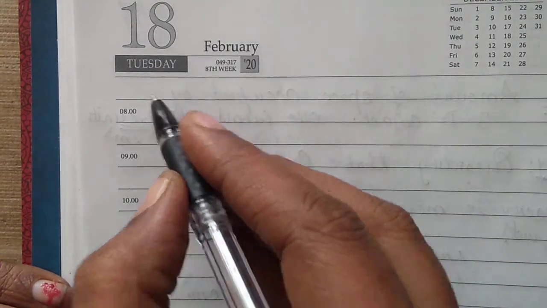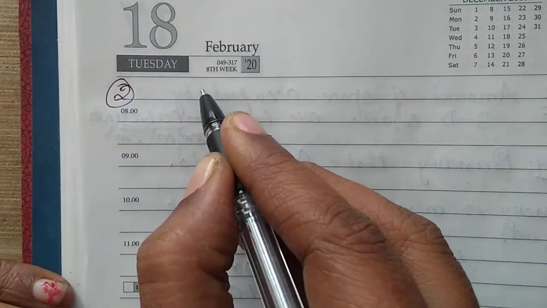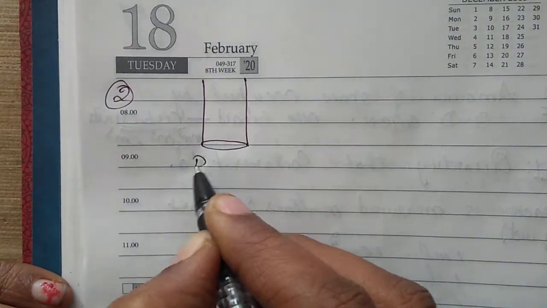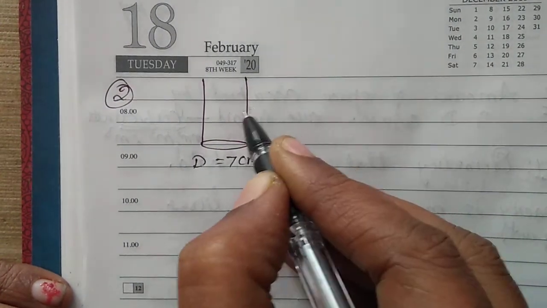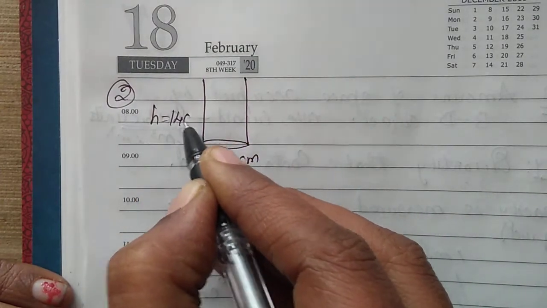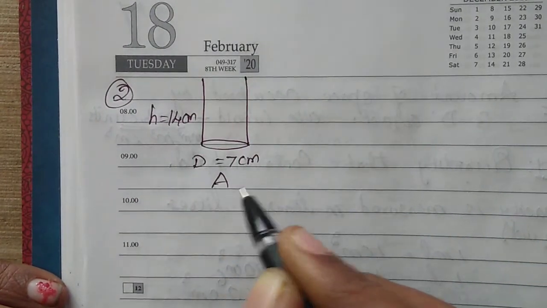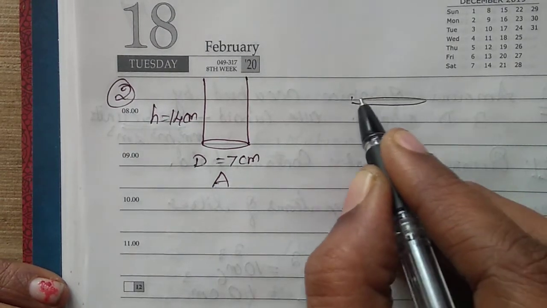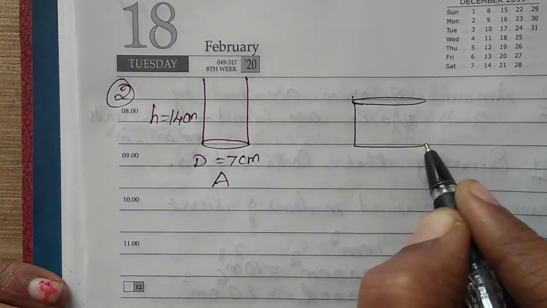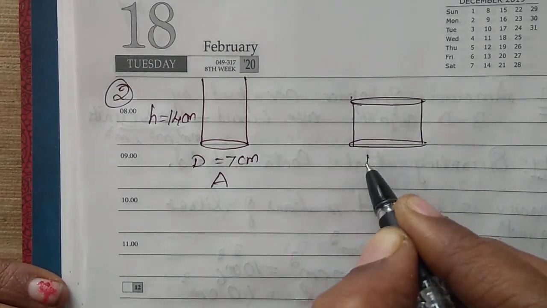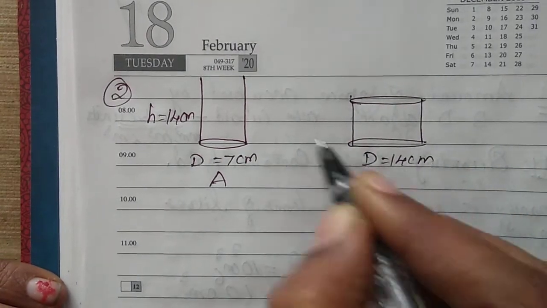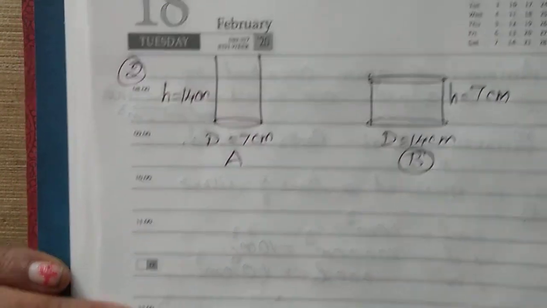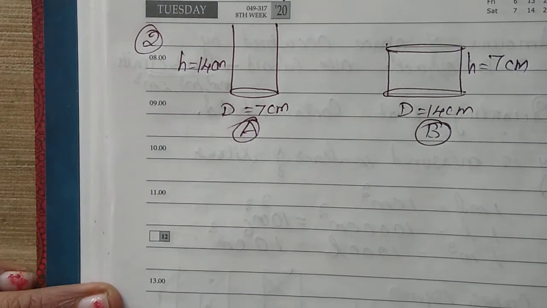So they have given us two cylinders. One is with diameter 7 cm and height 14 cm. This is the A cylinder. Then one more cylinder they have given with diameter 14 cm and height 7 cm. This is the B diagram, and this is the A diagram. Now let us see.